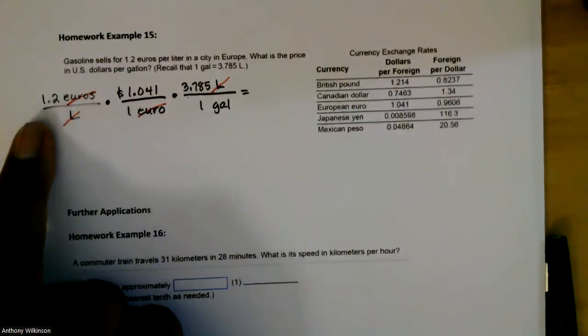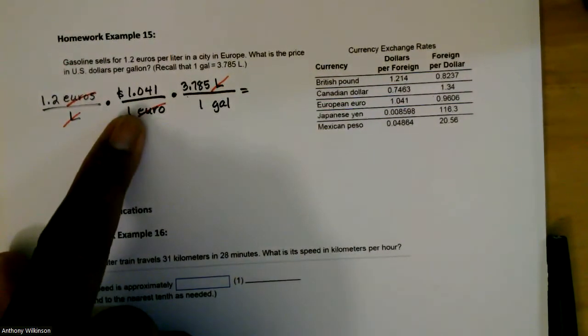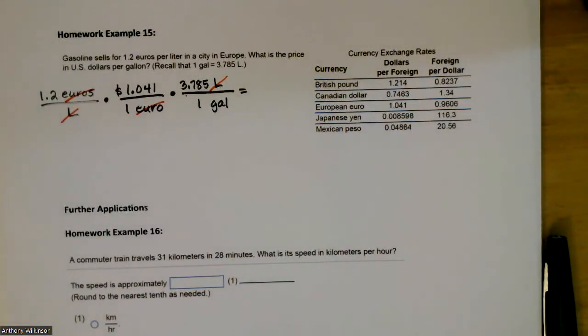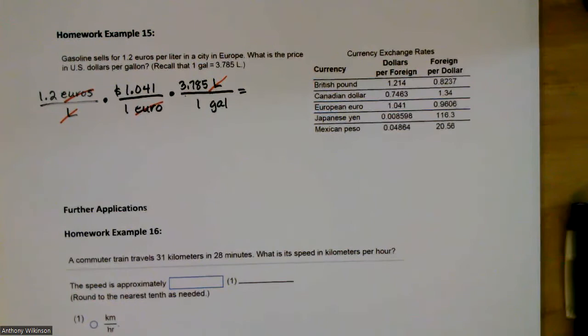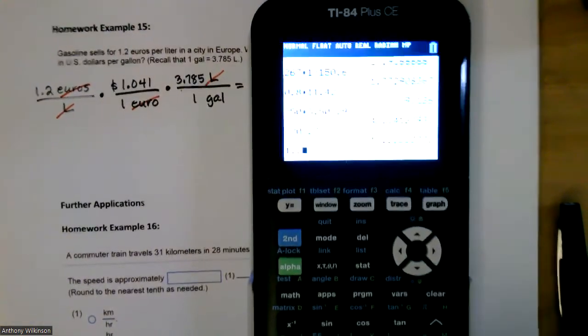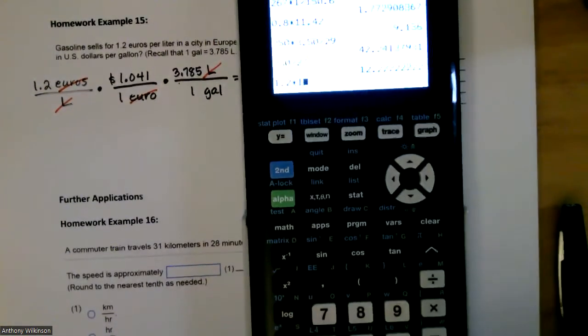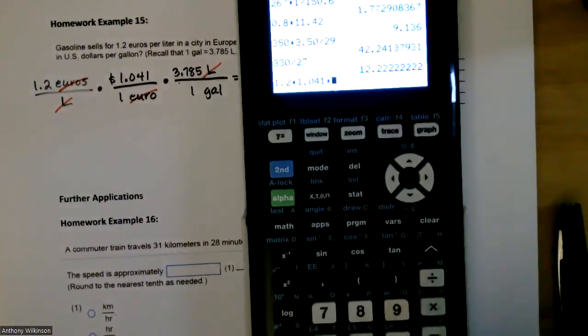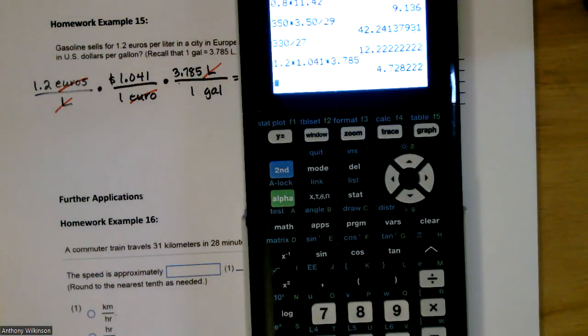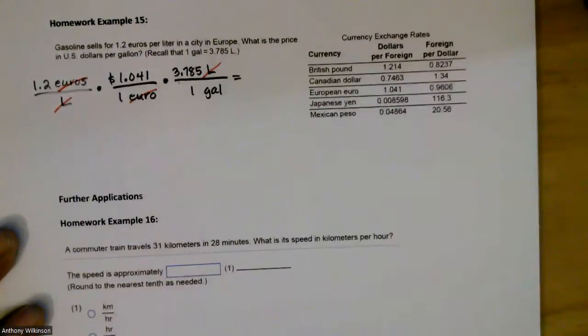So we're going to have 1.2 times $1.041 times 3.785. Now, if we round our final answer to 2 decimal places, I'll go ahead and type this in so you'll see that I'm not making this up. 1.2 times 1.041 times 3.785 to 2 decimal places would be 4.73, or $4.73 per gallon.